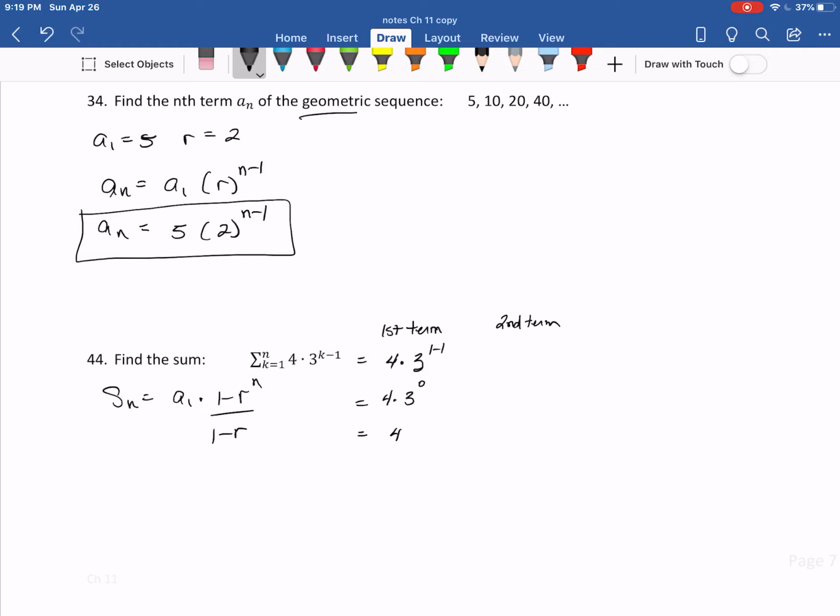So that's 4 times 3 to the 2 minus 1, and that's 4 times 3 to the first, and that's 12. So remember how this is a sum? I'm going to start making these into sums. The third term, let's go one more, and then I think we'll see the pattern. The third term is where we let k equal 3. So 4 times 3 to the 3 minus 1, or 4 times 3 to the second, or 4 times 9, or 36.